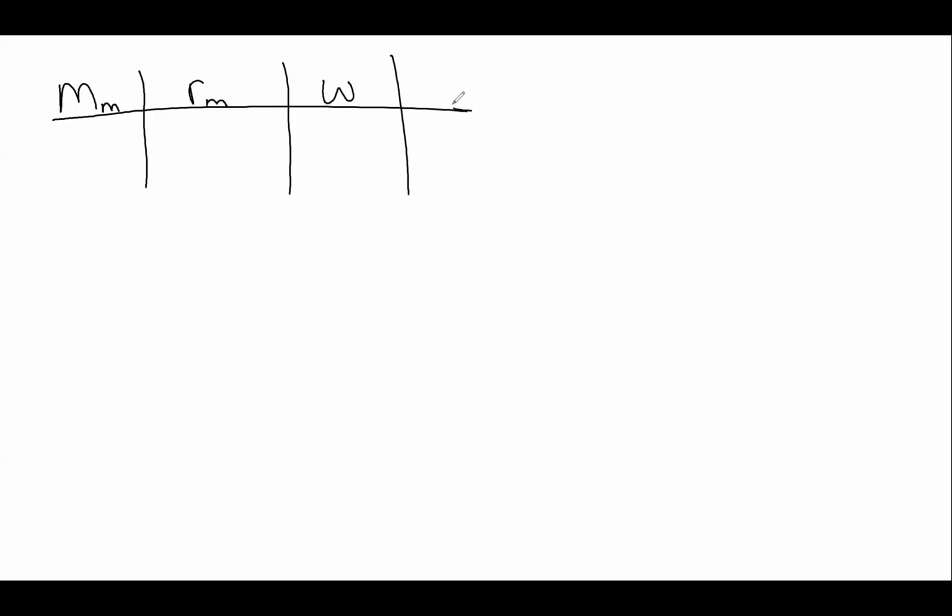Okay, so in that problem, we were given the mass of the moon. We were given the radius of the moon. We were asked to find the weight of an object, and we were given the mass of that object. So we're going to let lowercase m with no subscript be the mass of the object, just to be clear.